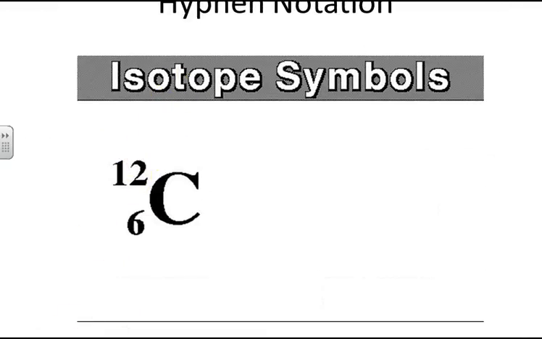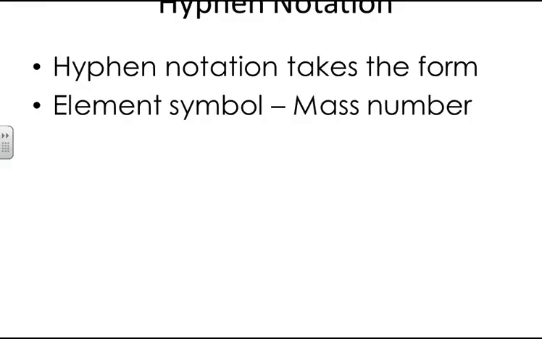Now, besides the superscript-subscript notation, we also have what we call hyphen notation, often used in biology, but often used just in speech also. And in hyphen notation, we're going to take this form: the element symbol, and then a hyphen. This is not a minus, this is a hyphen, and then the mass number.